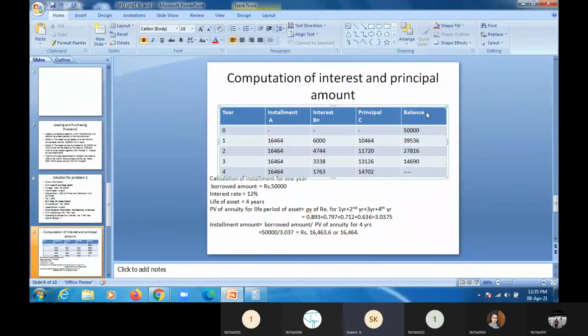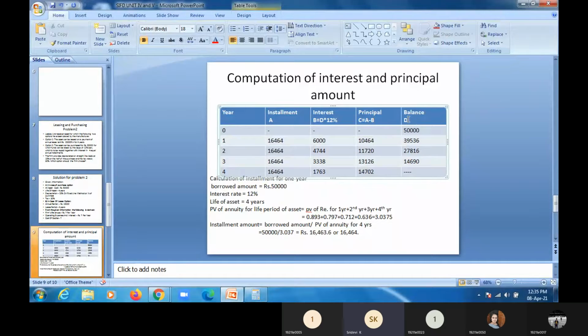Let us take this as D, the balance. So B is equal to D into 12 percent, as we have calculated. And how do we get the C value? C is equal to A minus B.